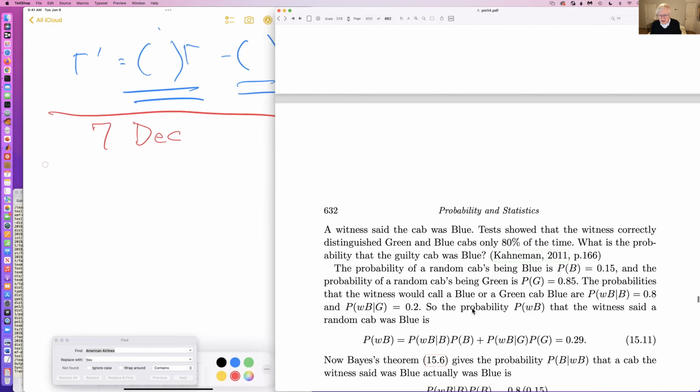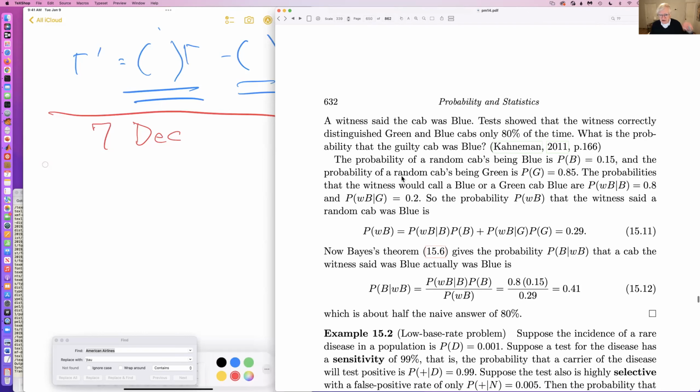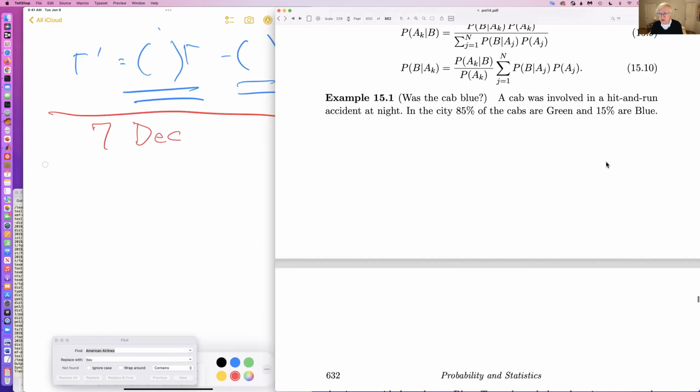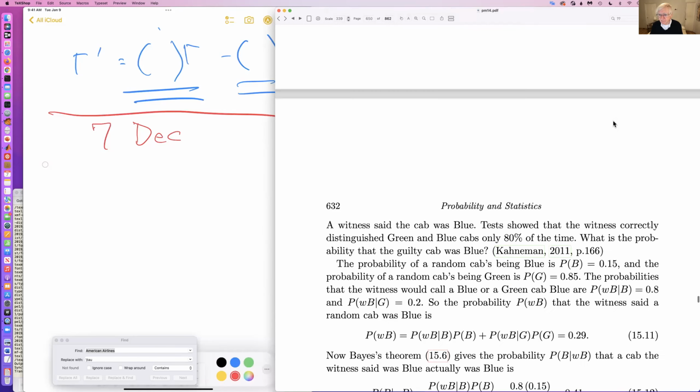Okay. So we go through this first by making quantitative the statements of the problem. So the probability of a random cab being blue is 0.15. That was what was set up here.